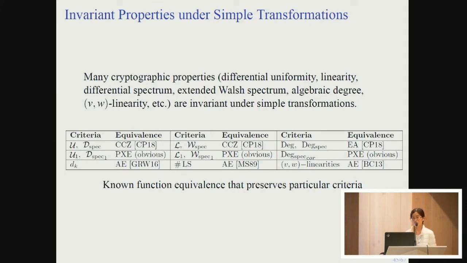Lots of the previously mentioned cryptographic properties are invariant under some transformations, for example, linear transformations and permutation transformations. The knowledge of the largest transformation group that preserves a criterion is very important to study such criteria, and also to reduce the space of S-boxes we should focus on.